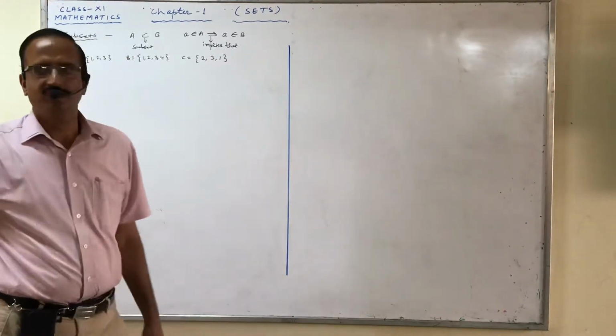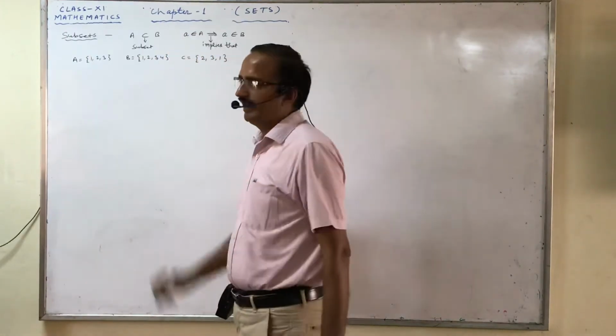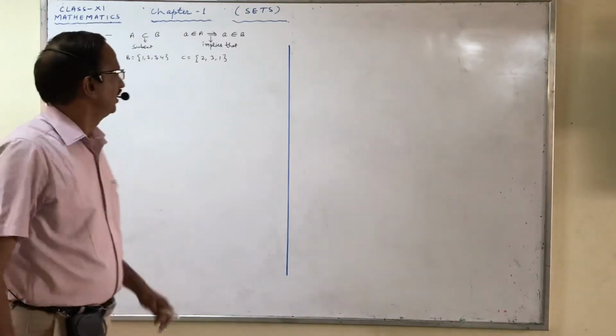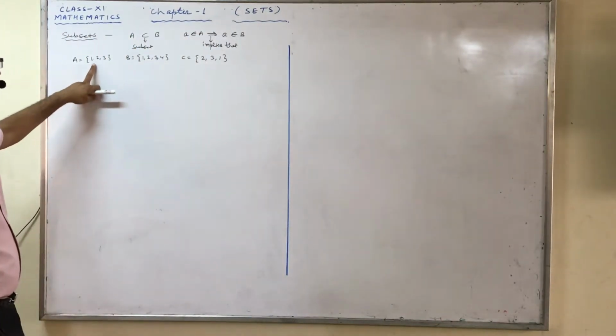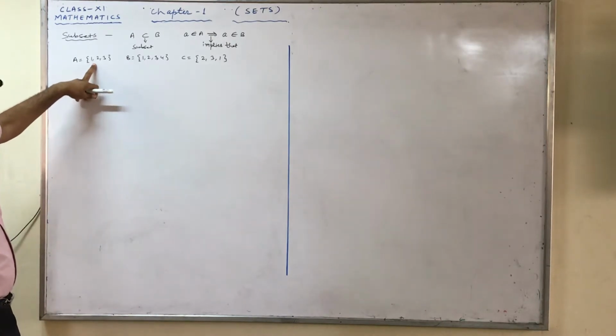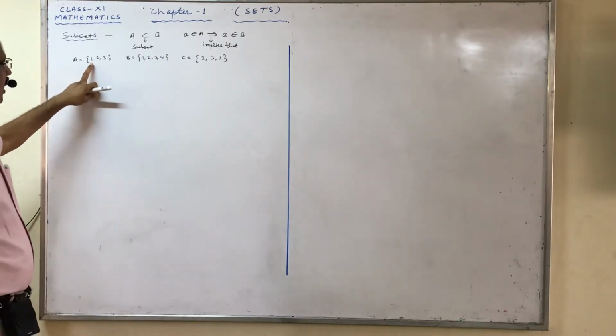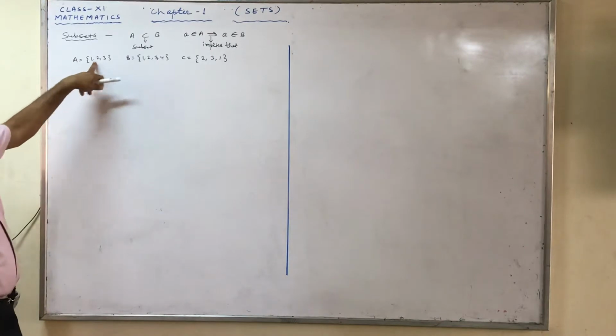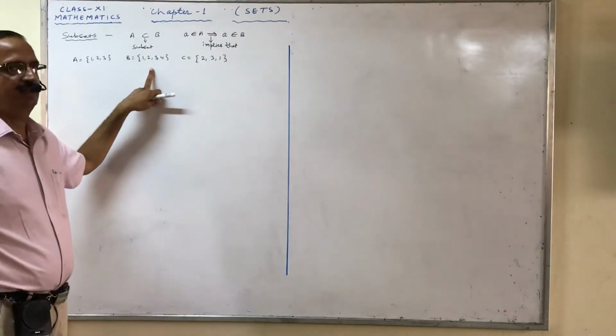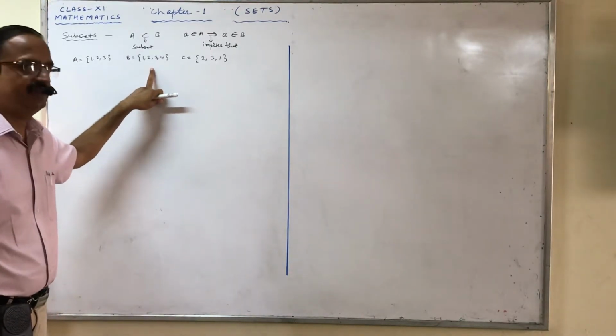Now, look at these sets. Look at the elements of A. Do the elements of A also belong to B? Our answer is yes.